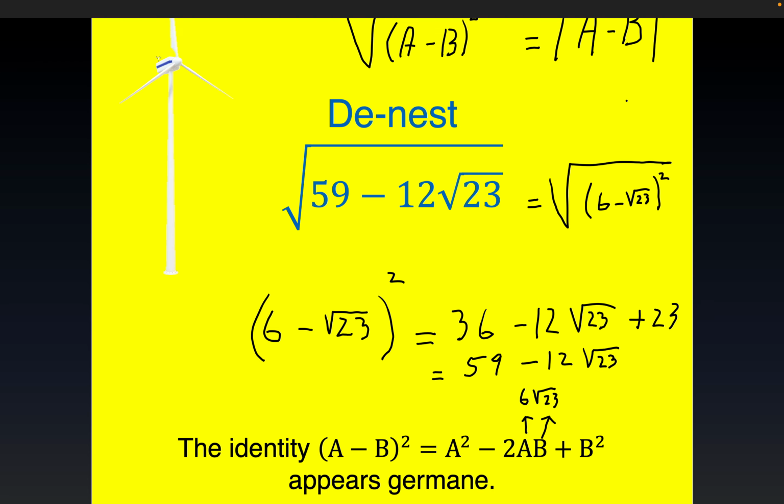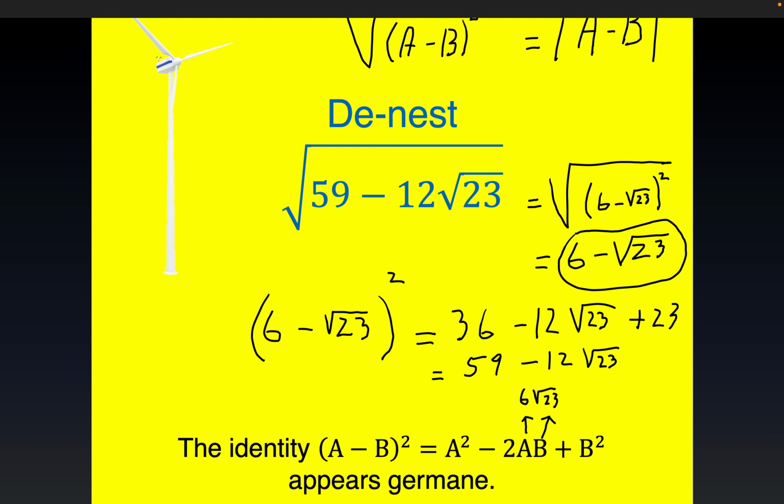But since 6 is bigger than the square root of 23, which is less than 5, what we get right here is just the inverse function. I mean, squaring and square rooting are inverse functions. So our answer would be 6 minus root 23.